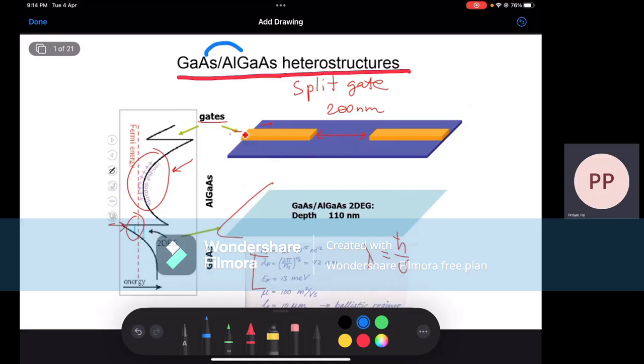Along the y-axis energy is plotted. This is the band diagram of such material showing just the edge of the conduction band, the bottom of the conduction band, and this is the interface point.